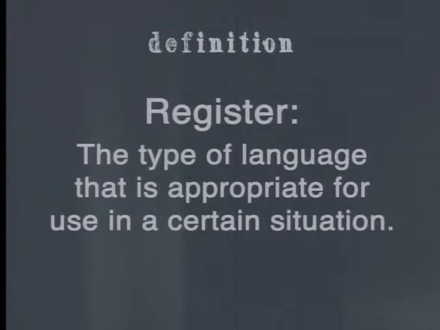Another factor to consider when analyzing and comparing texts is what register has been used. Register is the type of language that is appropriate for use in a certain situation. Broadly speaking, register can be divided into formal register and informal register. You would use informal register when chatting to your friends. It's relaxed and casual. Formal register is used in important situations or in speaking to important people.